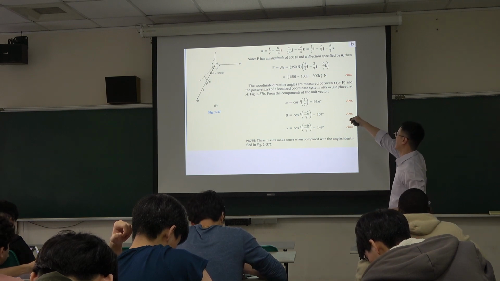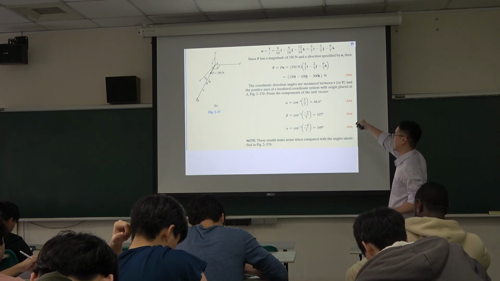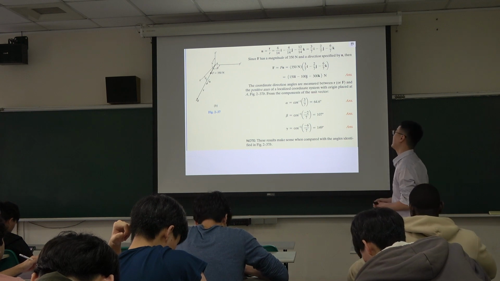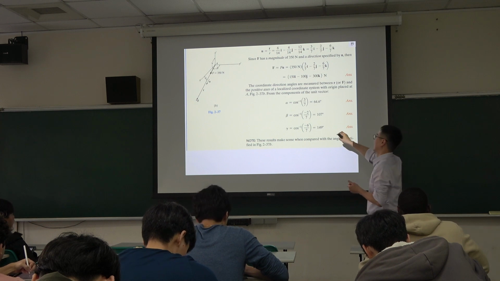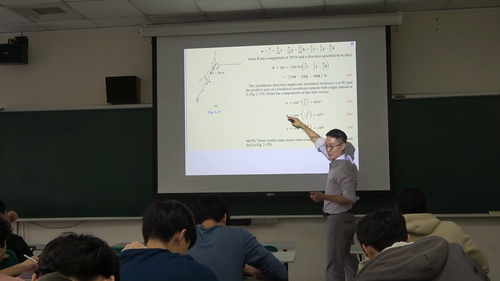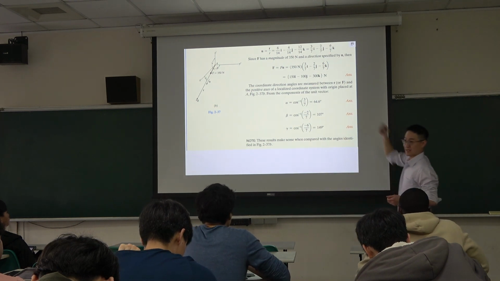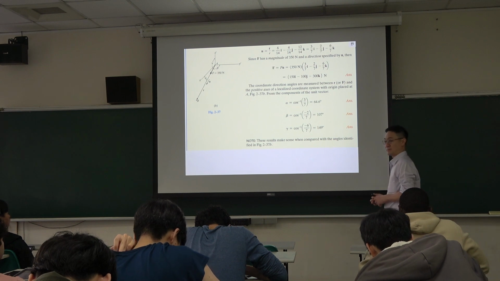So we can represent the force vector using the Cartesian system. Okay? And then we have the unit vector here. So we can work out its direction based on angle.